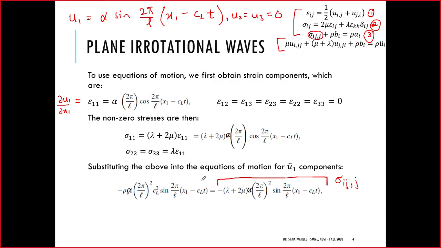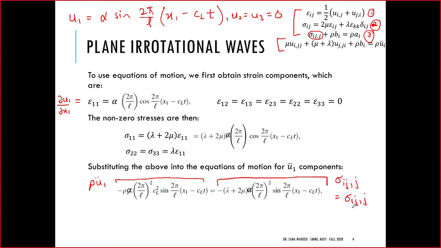And this term right here, sorry, I wrote the order this way, is our rho u double dot 1. Please note that sigma ij comma j for the 1 component turns into sigma 1j comma j.